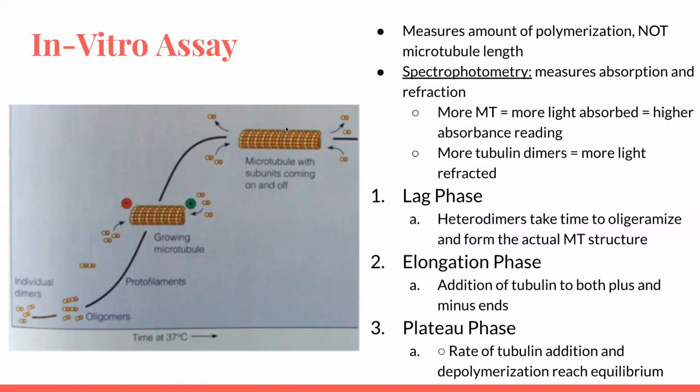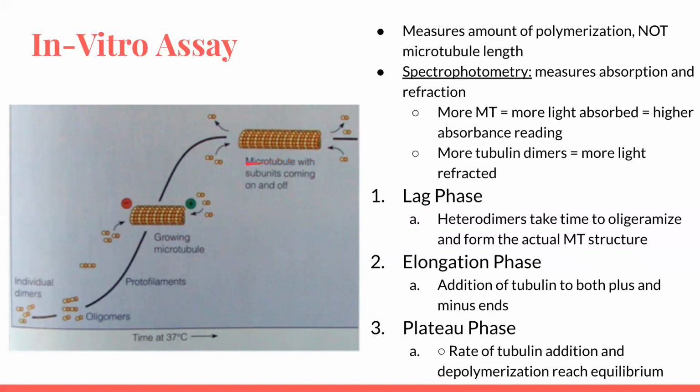I would assume that the elongation phase wouldn't have as steep of a slope, and it's possible that the lag phase could also be a tad bit longer. Say you have enough GTP to get to the plateau phase, but then eventually you run out. What happens to the graph?